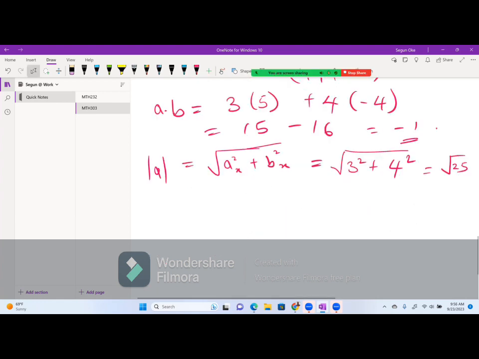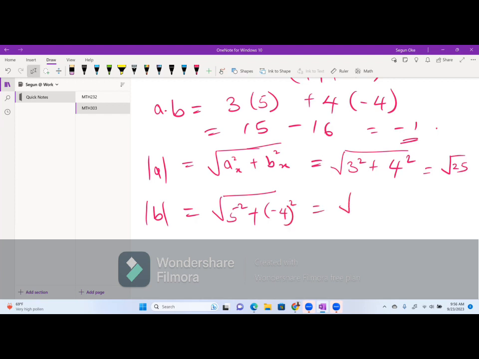Then don't forget, we have to do the magnitude of B. Using the same formula, we have the square root of 5 squared plus -4 squared, which is the square root of 25 plus 16, which is the square root of 41.